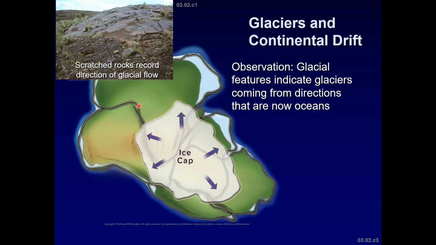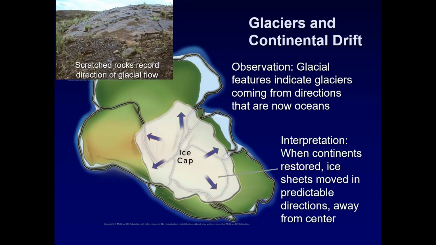But we're matching these various scratch marks, to put it very simply, but they no longer line up. If we put all the continents together again, they might just line up. Say when the continents are restored, we could say the ice sheets moved in predictable directions away from the center. So that's some evidence that perhaps the continents were together and now they're apart.